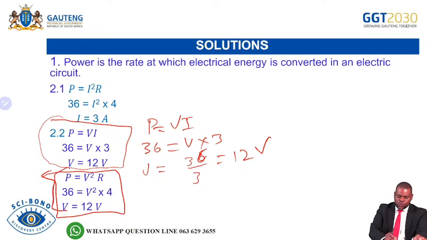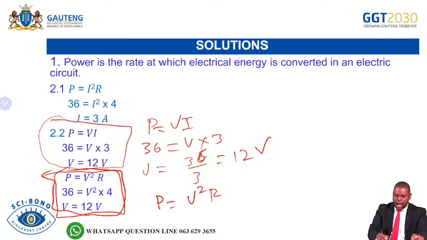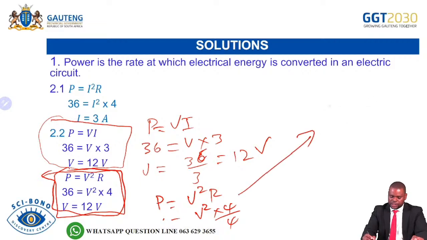Or you can use this one that is in your exam guideline, which says P is equal to V squared over R. We know that 36 is equal to V squared multiplied by 4. Then we divide by 4, then we get what? We say V squared is equal to 36.